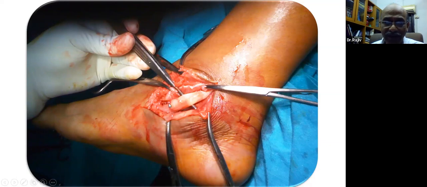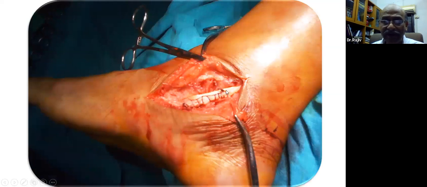Herein, this is the tibialis posterior tendon, and this tendon is side to side tenodesed with the flexor digitorum longus. So a weak tibialis posterior here would be supported by flexor digitorum longus, and both of them would now act together. This is a procedure which is done in a very early stage of non-responding flat foot.